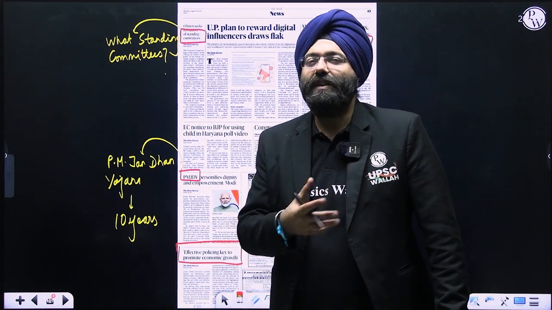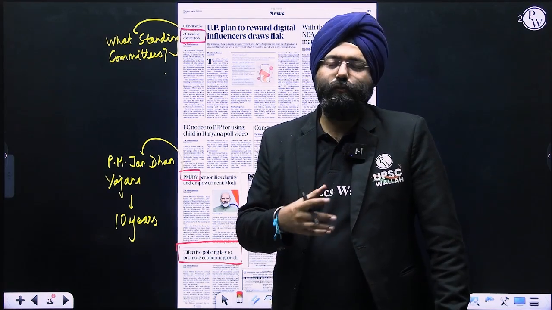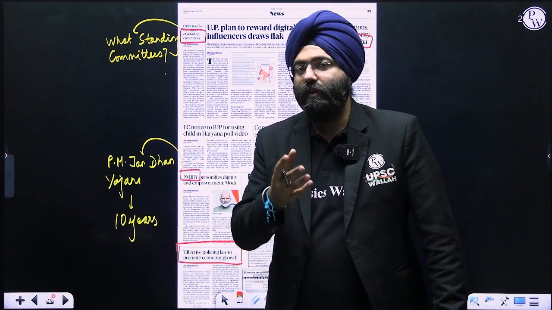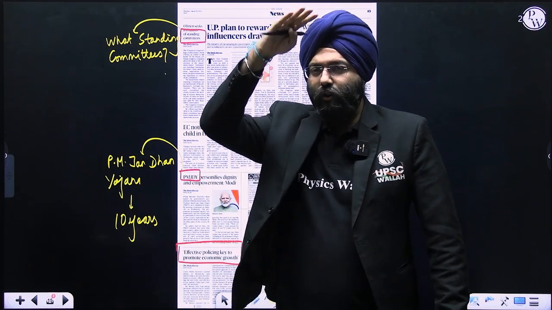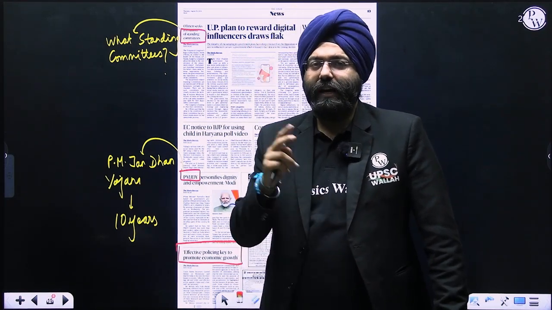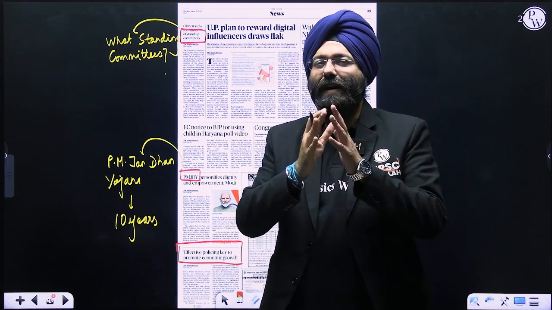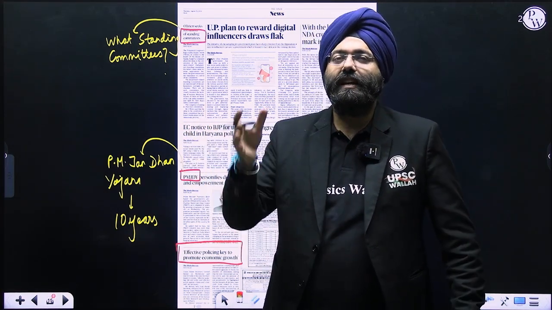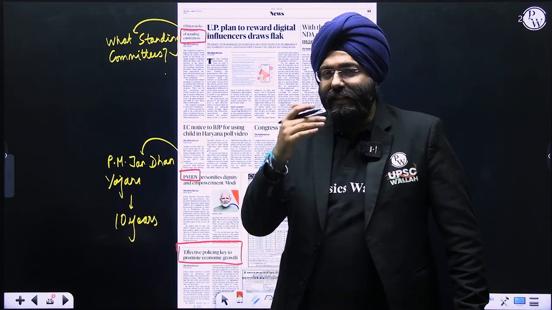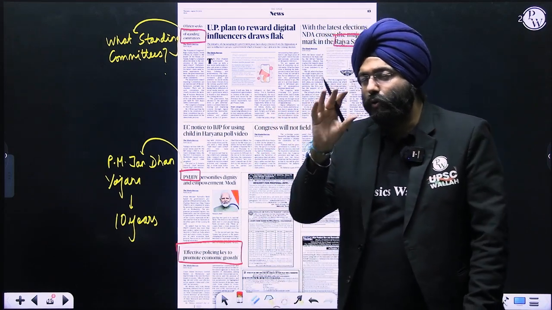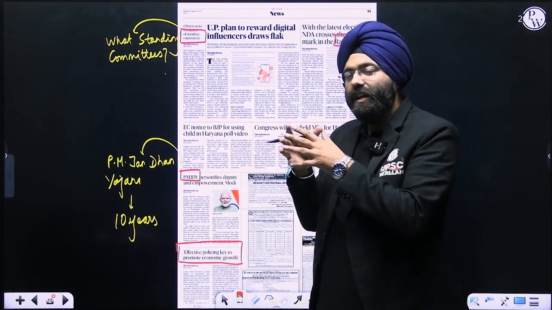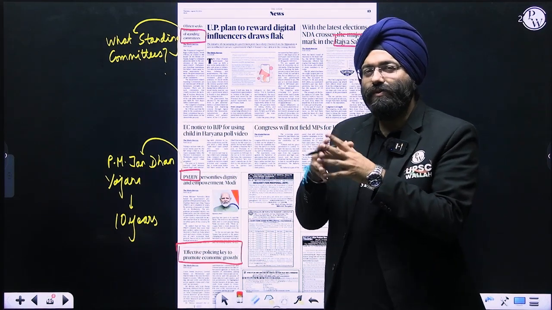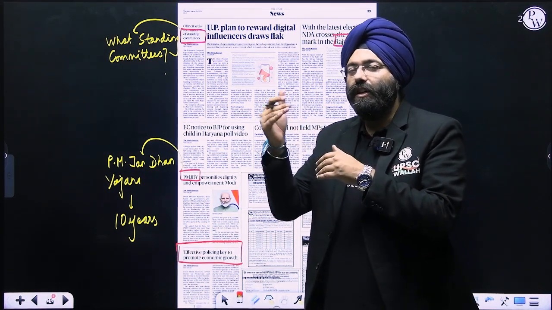For example, the report of the Second Administrative Reforms Commission mentions that we have a lot of hierarchical structure. That creates delay. If we have a matrix structure, it can lessen the delay. So because I know that this topic is mentioned, we can relate it with all the policies, schemes and issues, and then we can create opinions.